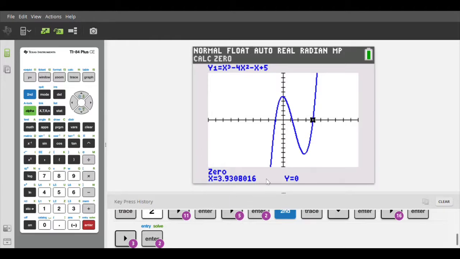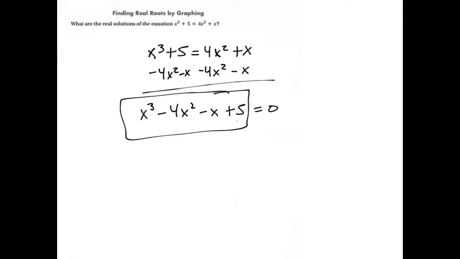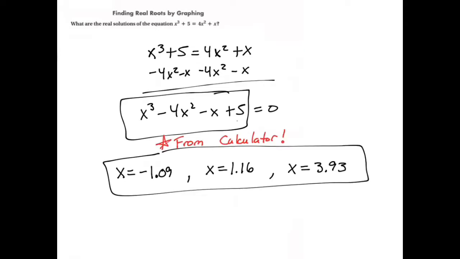And so using the calculator, we can quickly find the solutions to this polynomial. And so remember, from our calculator, we got x equals negative 1.09, x equals 1.16, and x equals 3.93 roughly as our solutions to our particular polynomial here.